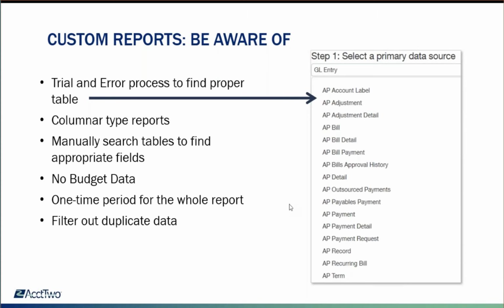There is no budget data inside these custom reports, never has been. You get one time period for the whole report. As you'll see on financial reports, you can choose multiple time periods. Not here. You choose one time period, and that applies to the whole report.